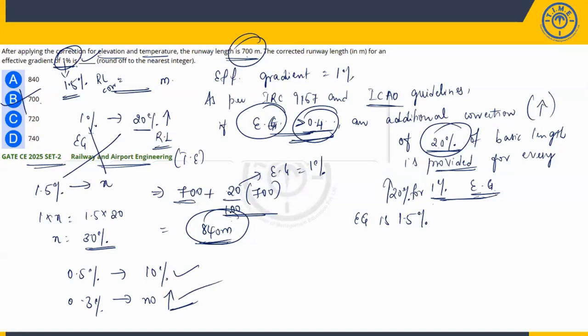Understood all? Have you all understood this?